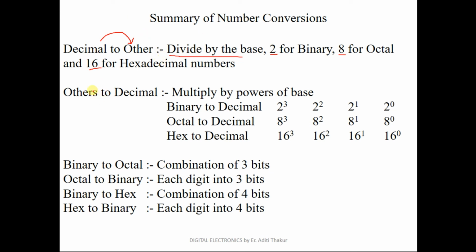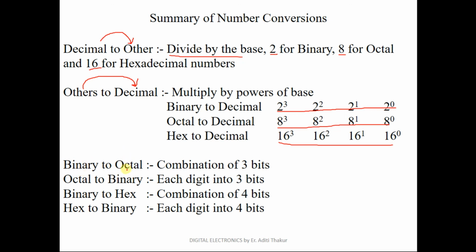Now similarly, conversion from other systems to decimal can be done by multiplying by the powers of the bases respective to their bit position. In binary it is in the power of 2, in octal it is in the power of 8, in hex it is in the power of 16.